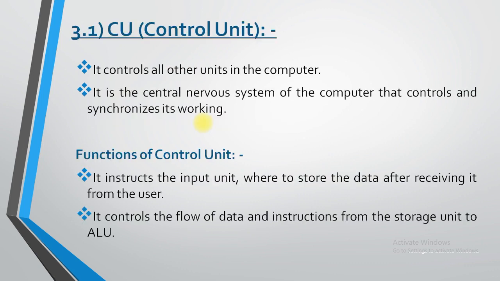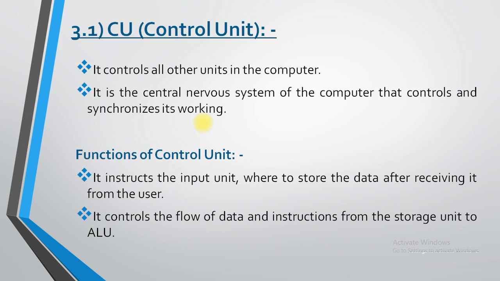CU means control unit. From the name only you can understand that it controls all other units available in the computer. It is a central nervous system. Central means in middle, right? Through which it controls all the unit of computer. Functions of control unit is what?